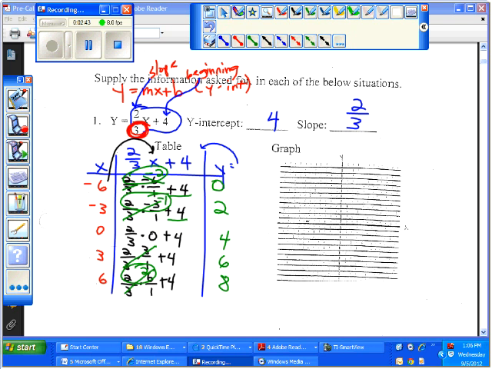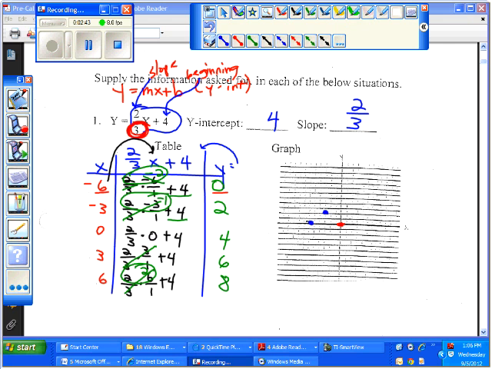We could plot the points when x is negative 6, y 0. And we know that that would be from the origin here to the left 6, 1, 2, 3, 4, 5, 6, up or down 0. So we could plot that point. We could plot the other point, negative 3, 2, to the left 3 and up 2.